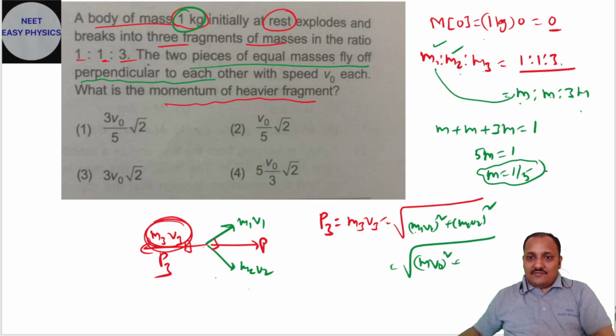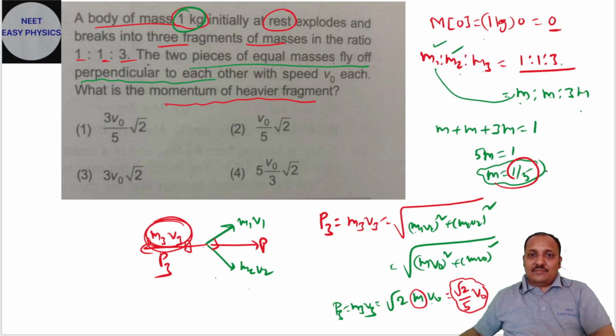V naught. (mV naught) whole square plus (mV naught) whole square. Therefore, root 2 mV naught. So this is going to be P3 or M3V3. Now what is small m here? Some students will get confused here only. What is small m? We got here 1 by 5. Therefore, root 2 by 5 V naught.